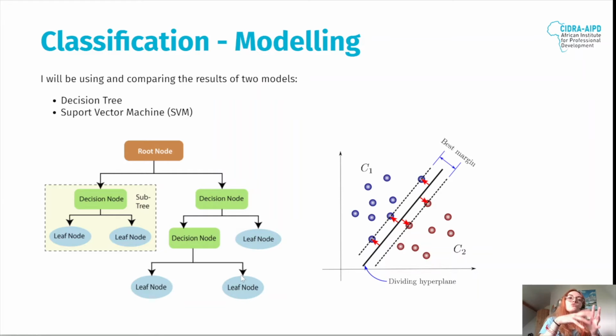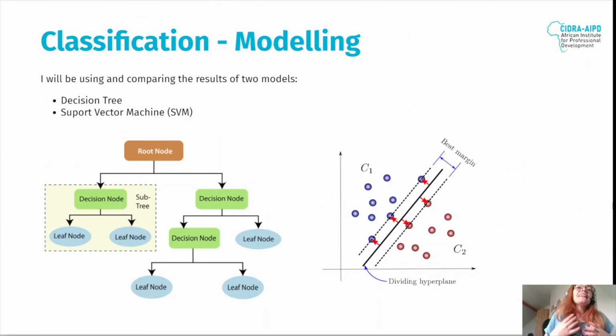So a lot of times we train many models, then we compare the performance of all those models, and we choose the one that best understands our data, and that's how we choose the best model. This is why I'm choosing two different models to do these examples with you.